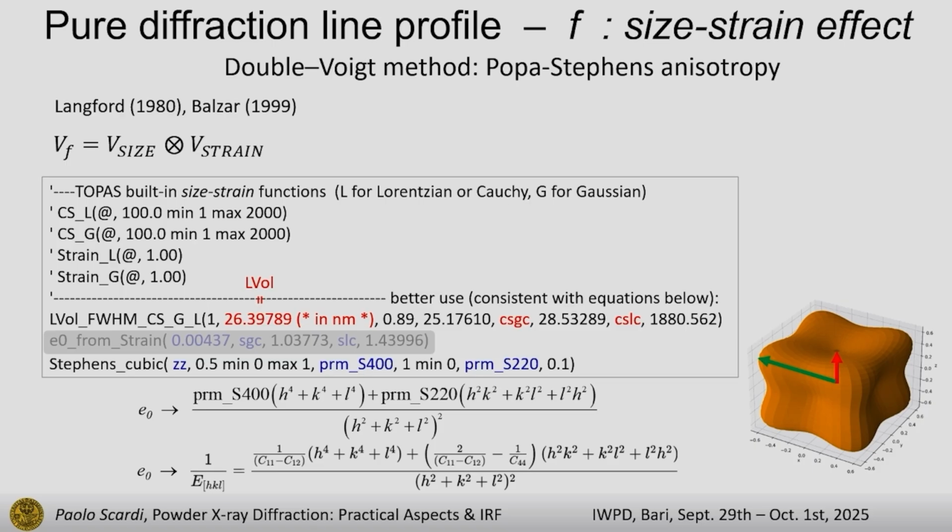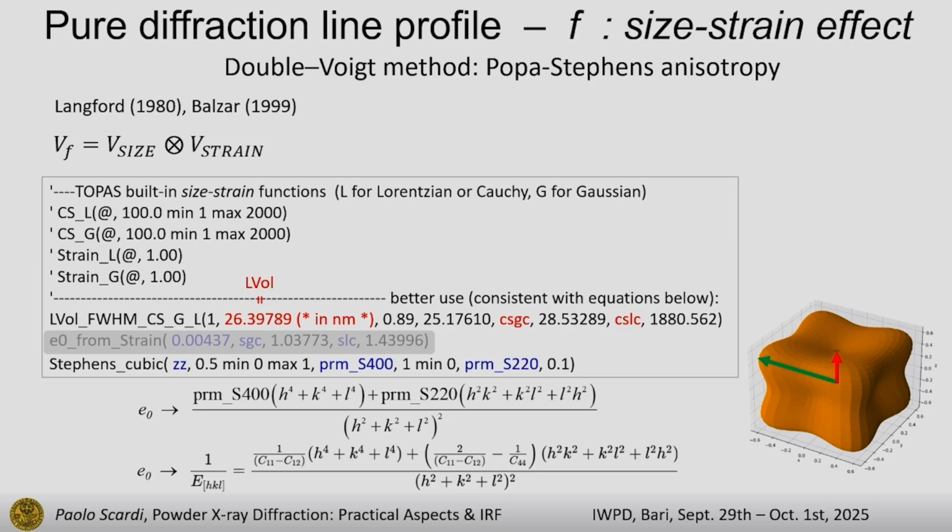So in principle, you might write down an exact number, but more empirically, you try to refine, adjust those two parameters. They're called PRM S400 and PRM S220. But basically they are a combination of elastic constants and indeed the effect of the geometrical anisotropy of the defect. So you can use this equation instead of the E0.